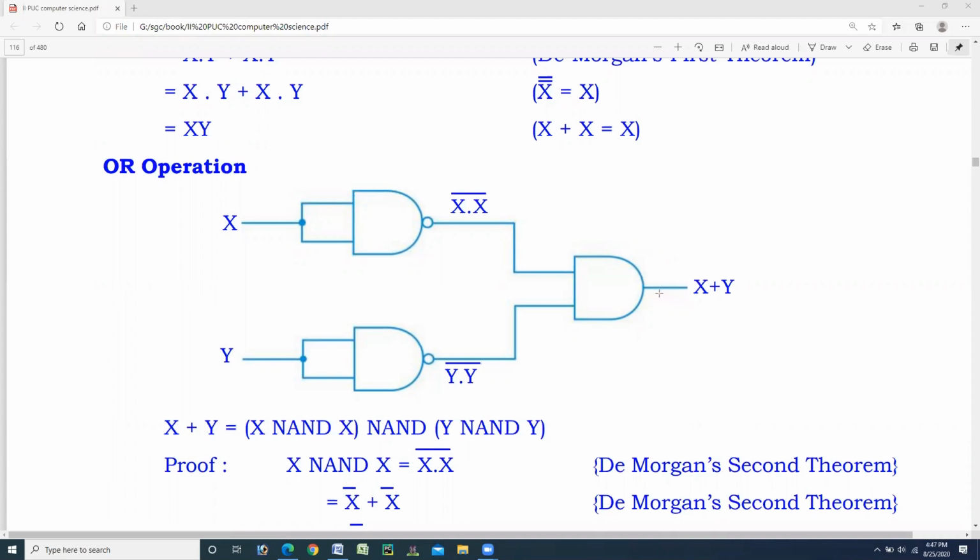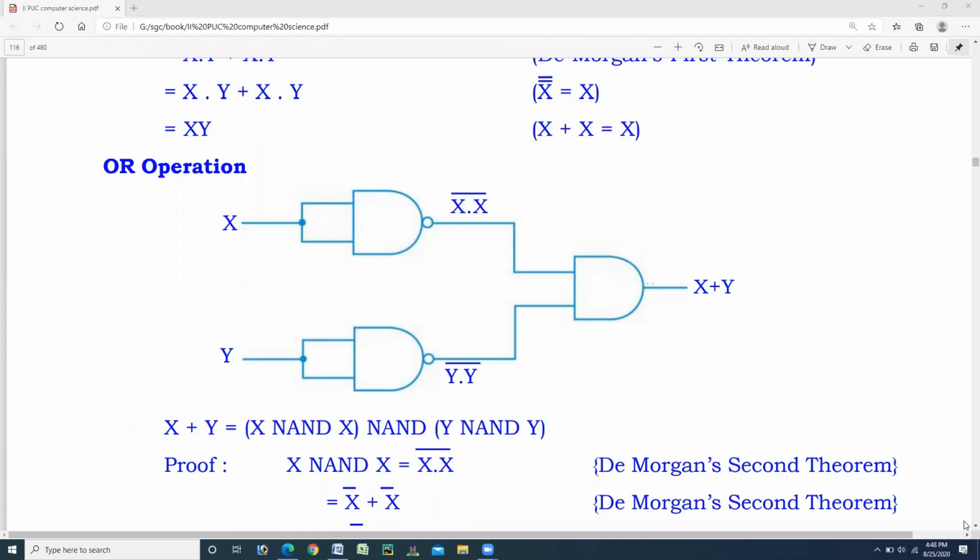Right? You can draw 1 bubble there. This is also a NAND symbol. Right? A bubble is required here. 1 bubble. Right? That becomes X plus Y.